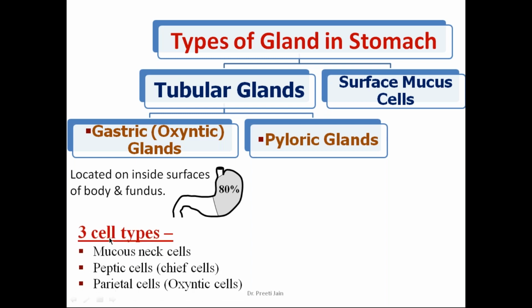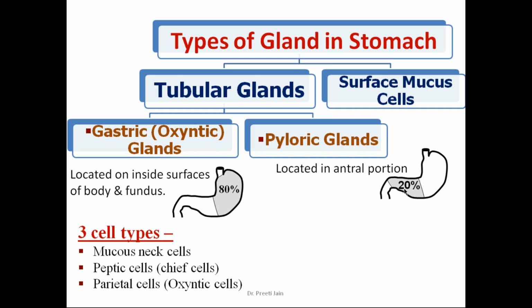These glands have 3 types of cells: the mucus neck cells, which secrete mucus, the peptic cells, also known as the chief cells, which secrete pepsinogen, and the parietal cells, which secrete HCl, right? Parietal cells are also known as the oxyntic cells, and because HCl is the main secretion, these glands are also known as the oxyntic glands.